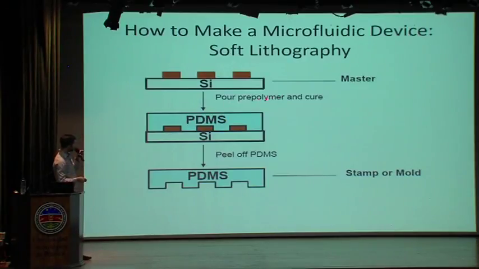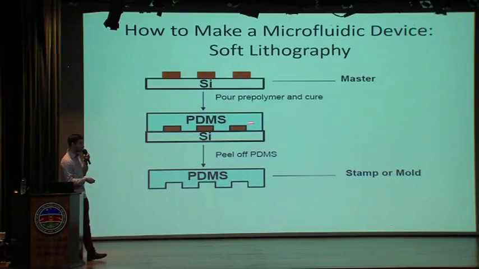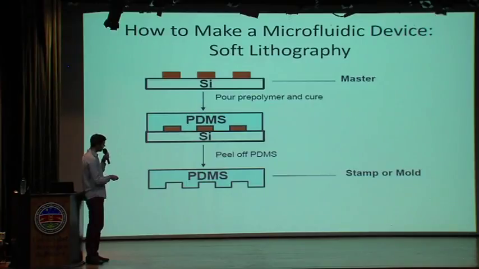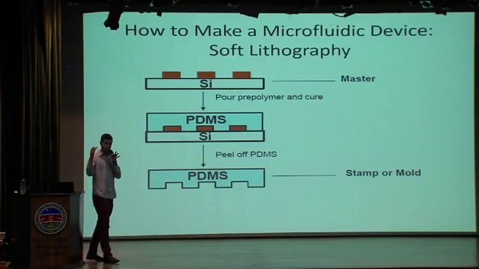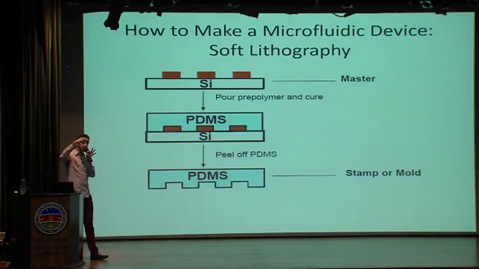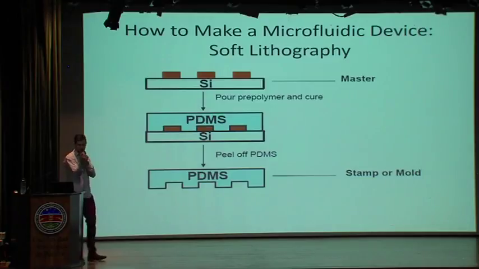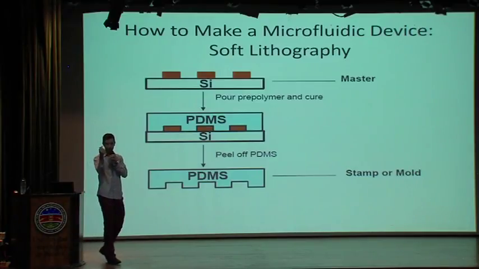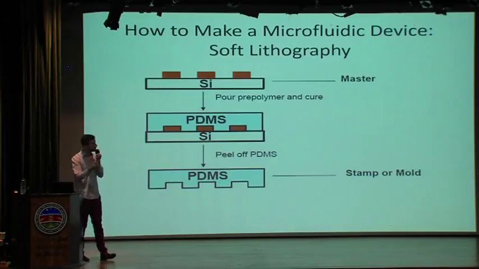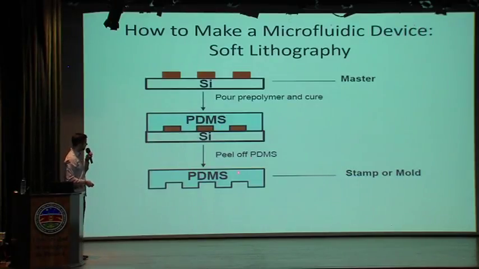Then we pour essentially a polymer solution called PDMS, polydimethylsiloxane, and then we cure it by baking in an oven. That polymer will solidify. PDMS is kind of similar to a contact lens, the same kind of soft, squishy polymer material. Then we peel the PDMS off, and so now we have a stamp, right?